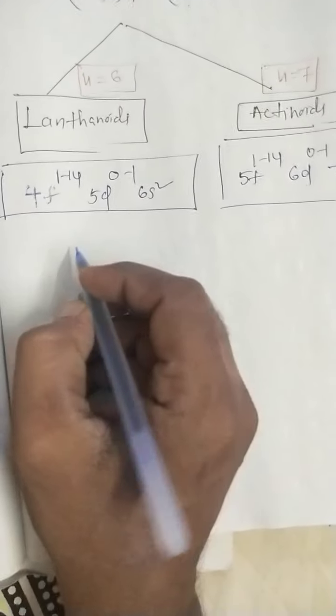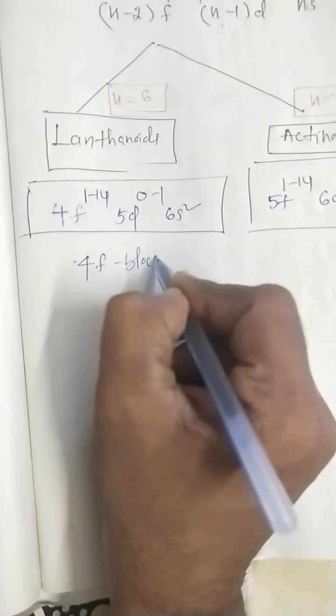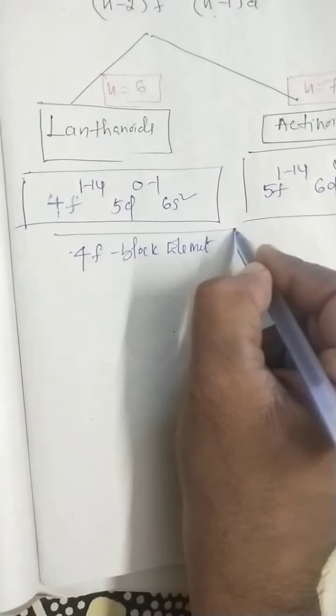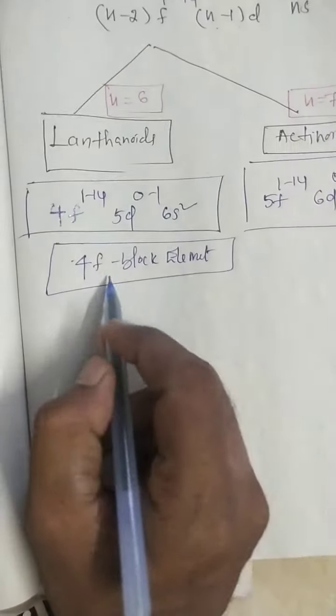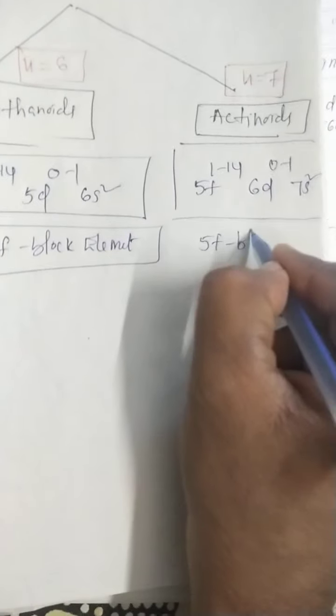Listen carefully. The lanthanides are commonly known as 4f block elements, because the last electron enters the 4f. That's why lanthanides are commonly known as 4f block elements and actinides are commonly known as 5f block elements.